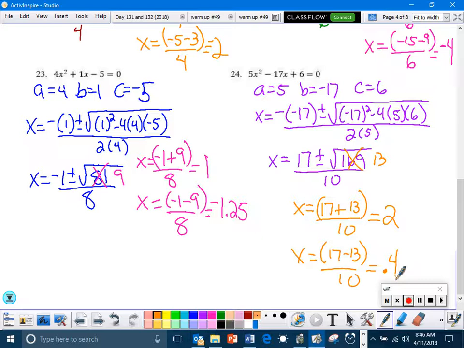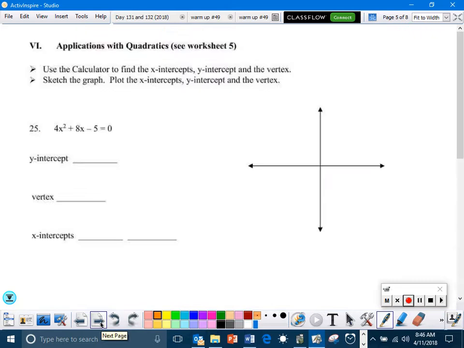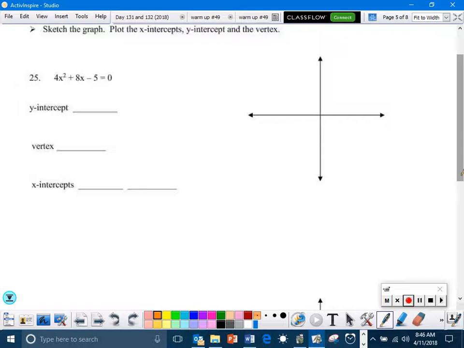All right, next page. So this is where we're going to type things into the calculator, and we're going to use all those little buttons that I taught you. So the first thing we're going to do is type this in our y equals, and then we should do a zoom 6 just to make sure our screen is back to normal, and then we will sketch the graph.